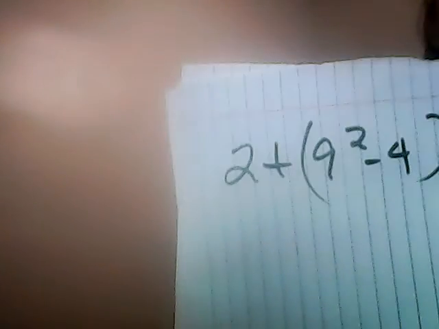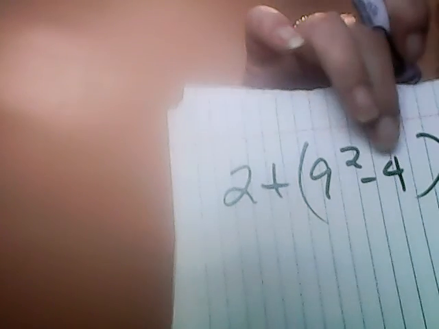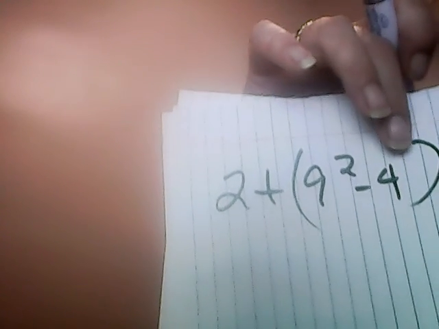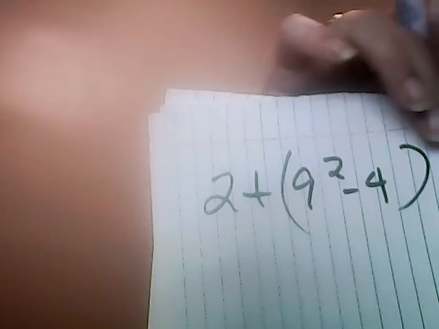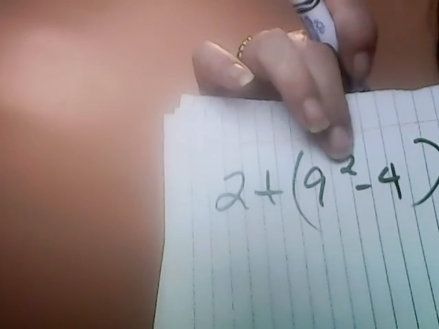So for example, we may have 2 plus 9 squared minus 4, and it would look like this. So we know that inside this parentheses, we have an exponent. And this exponent is going to have to be solved first.